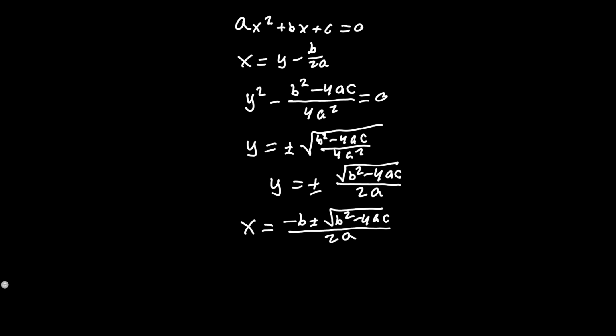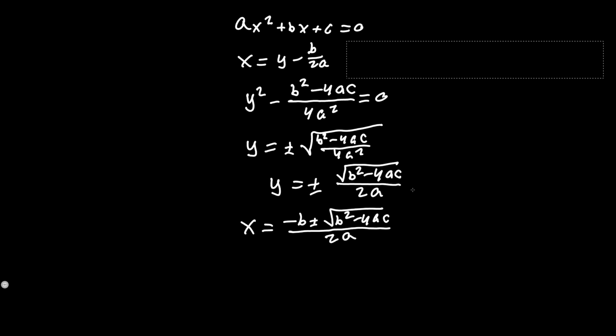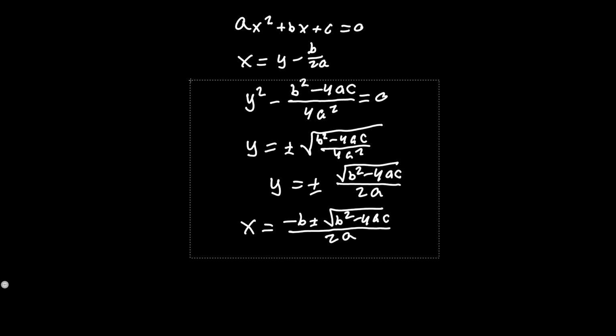So we see that this transformation is called a linear transformation. So this is pretty much a linear transformation, and it helps us eliminate just one term from the equation. And here we could extend this to a cubic polynomial.